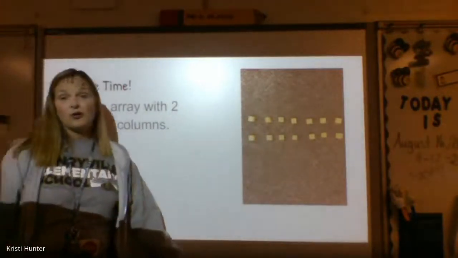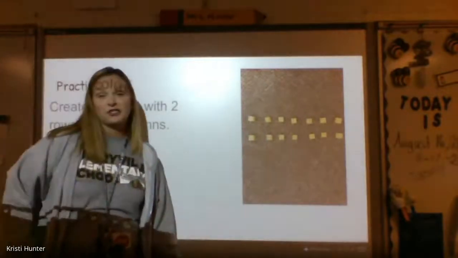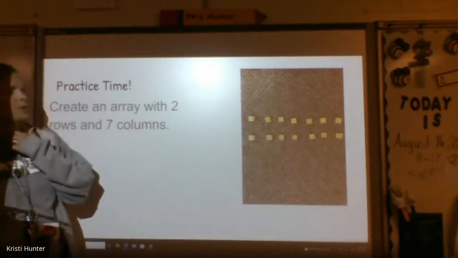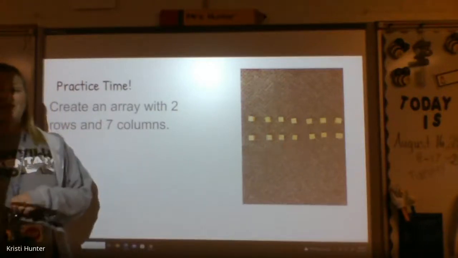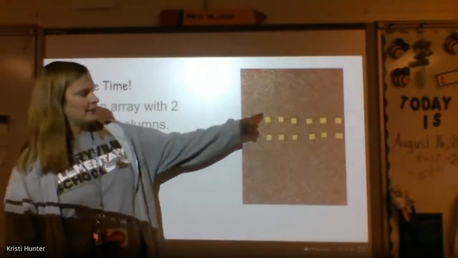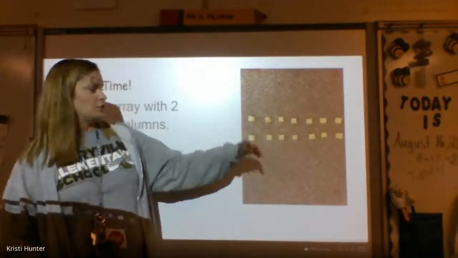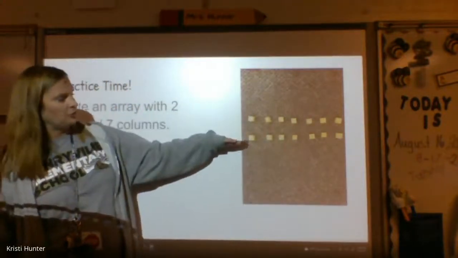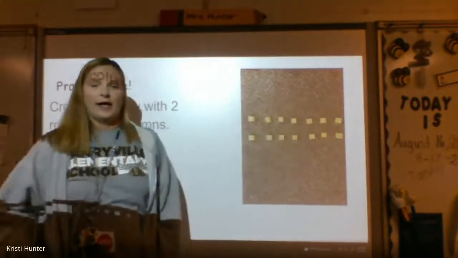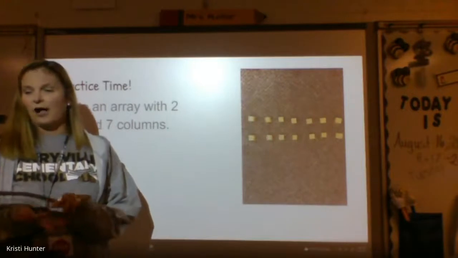You make your array with your object. Or if you're just drawing it, you can draw it too. 2 rows and 7 columns. My columns are pretty tiny, but they're there. So 2 rows, 1, 2, 7 columns. Right? 2 rows, 7 columns.